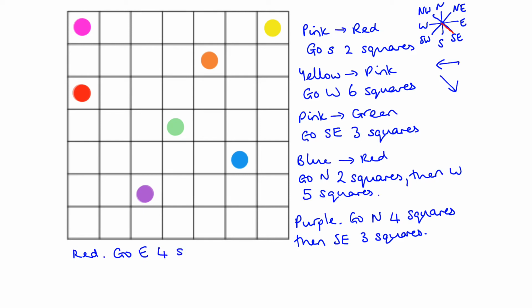4 squares. And then south 3 squares. Then northwest 3 squares.